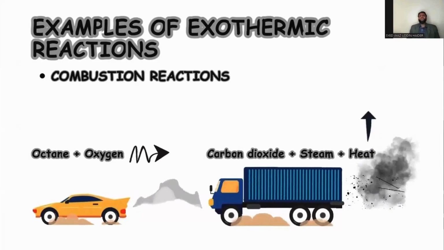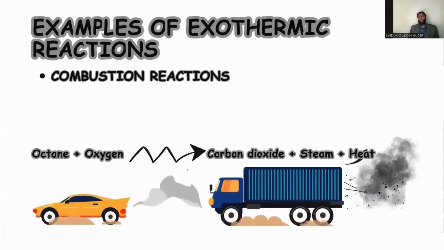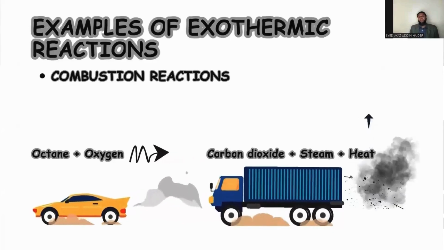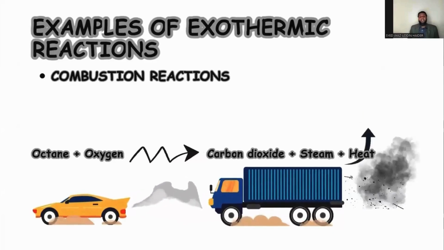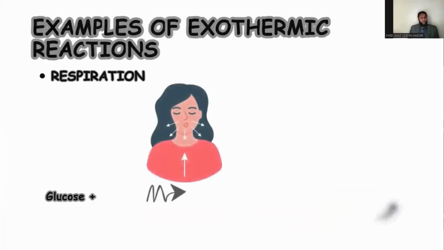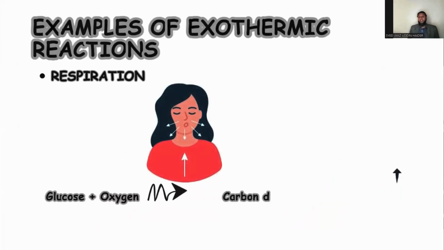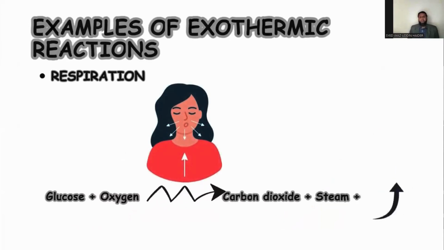Now let's move on to the next example of exothermic reactions. Respiration is another example of exothermic reactions. Respiration is a very important chemical process in living organisms like humans, animals, and even plants. Respiration is the reaction of glucose with oxygen gas.